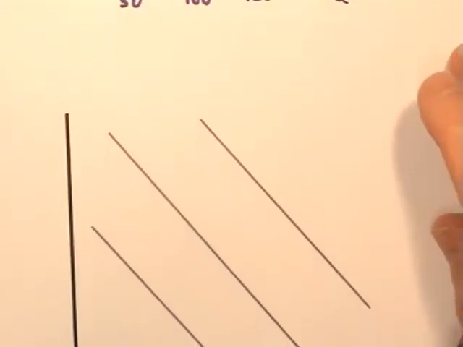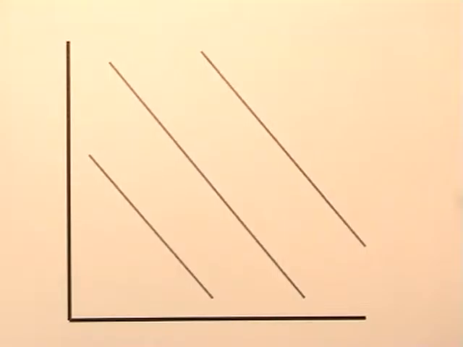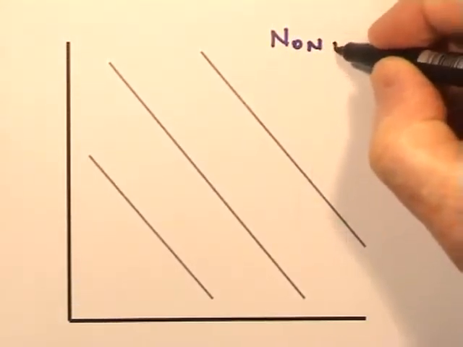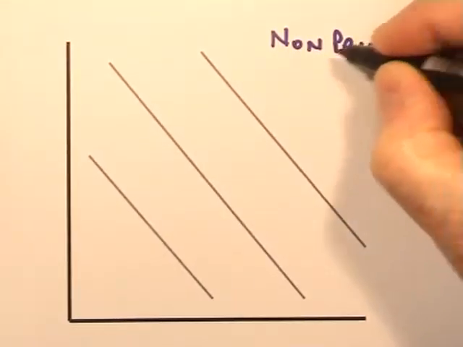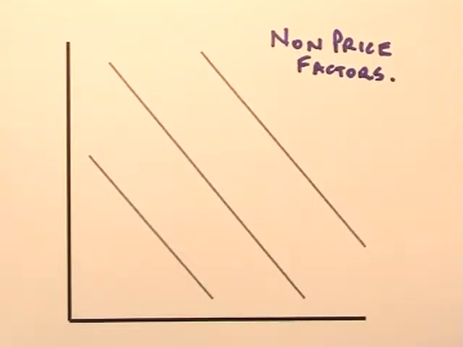In this case, we can see that this changes what we're looking at. So we have non-price factors which create the next set of conditions. And you remember that non-price factors were those things other than price which affected the way consumers behaved.